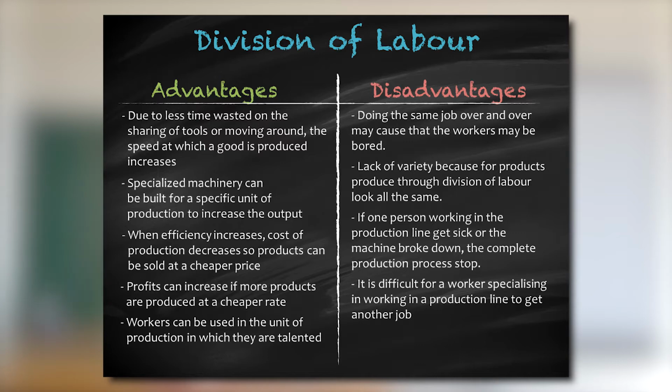Another advantage is that you share cost in this production process if you use division of labor. For example, if I have done the whole job myself, that means that I need every tool needed to do this.